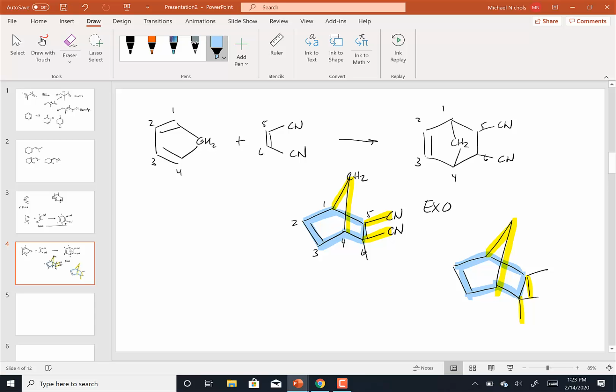That would be called the endo product. Okay, so the technical definition of this is based on the bridge and where the two groups are. If they're both on the same side of the ring, then it's exo. If they're on opposite sides, it's endo. That's the way those are actually defined.